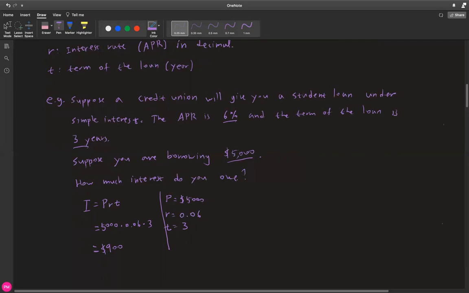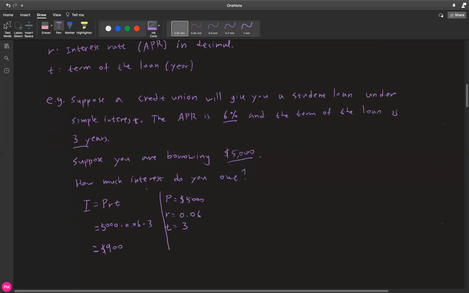This implies that in this scenario, if you're borrowing $5,000 from this credit union under the APR of 6% for 3 years, you would actually owe $900 on top of what you borrowed initially to this credit union.